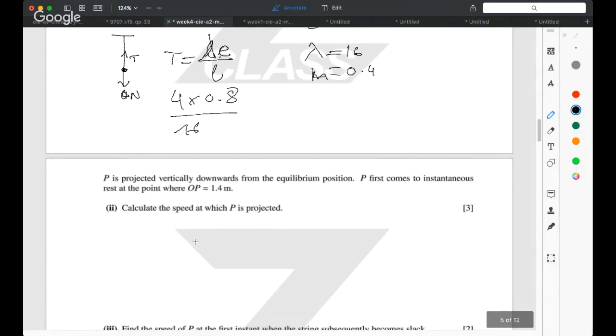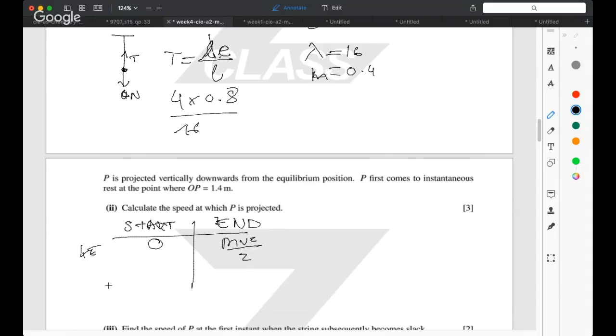Question 2. Okay. So if we equate energy, at the start I have kinetic energy of 0, and I'm going to end with one half m v squared.